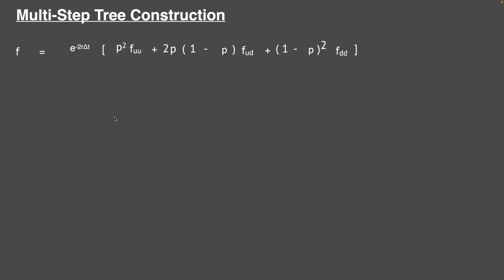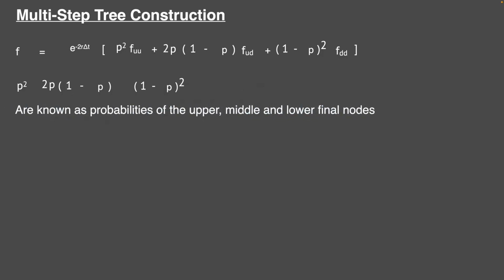We are going to get this equation: F, that is the price of the option at the start of the contract, will be equal to e to the power of minus 2 small r into delta T, times p square FUU plus 2p into 1 minus p FUD plus 1 minus p whole square FDD. Okay. Now where p square, 2p into 1 minus p, and 1 minus p whole square are all probabilities of the upper, middle and lower final nodes. Quite understandable, right?